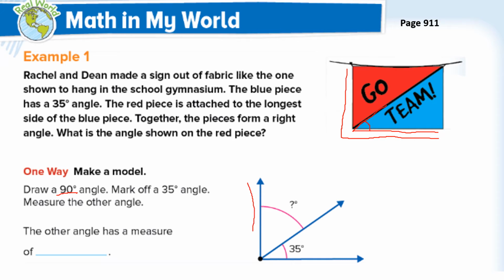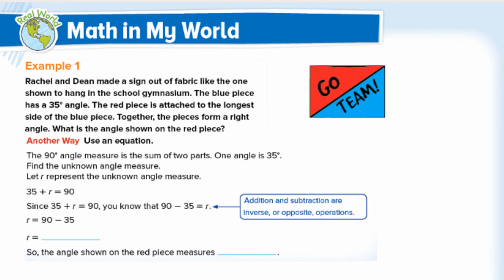So if this whole thing is 90 degrees and this part we know is 35, then how much is left? We can take 90, subtract 35, and you would have 55 degrees. Now they show the same problem again with the math problem here. 35 plus r is 90, so we can do the inverse operation to find that 90 minus 35 equals 55.